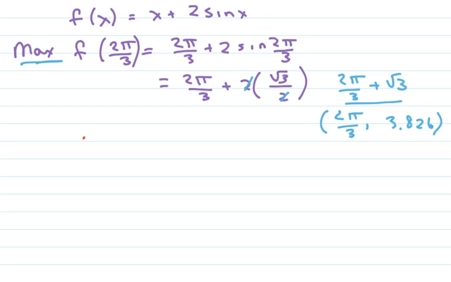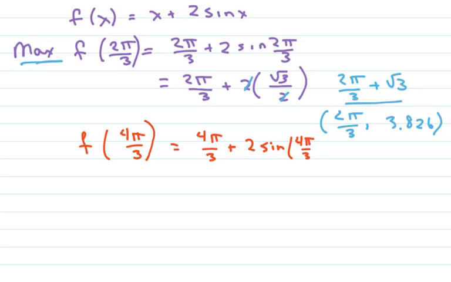Now we already know the minimum is at f of 4 pi over 3, which is going to equal 4 pi over 3 plus 2 times sine of 4 pi over 3, which equals 4 pi over 3 plus 2 times negative square root of 3 over 2.